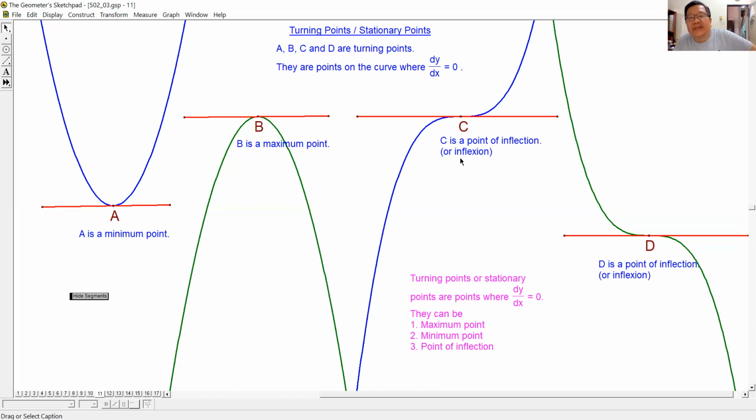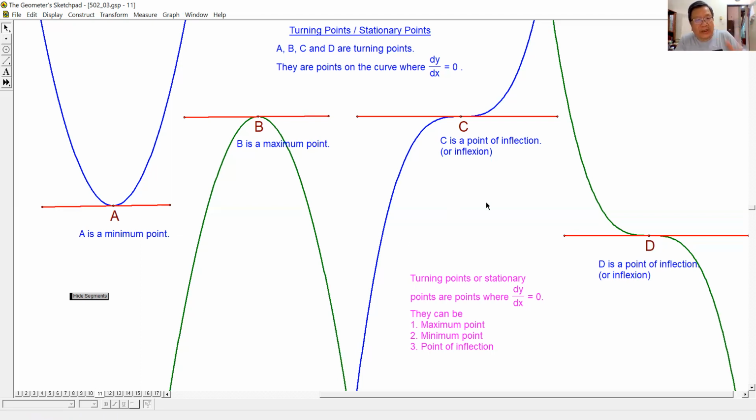But some books spell it as inflexion. Both are pronounced as inflection, but with different spelling. Both are used, but normally in our textbook it is FLECTION, right? The XION one may be the American spelling. This one is also called the point of inflection.